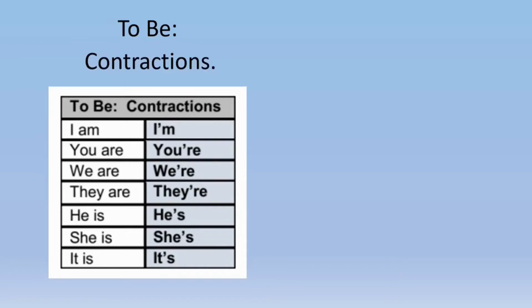We are is contracted into the word we're. They are, they're. He is, he's. She is, she's. It is, it's.